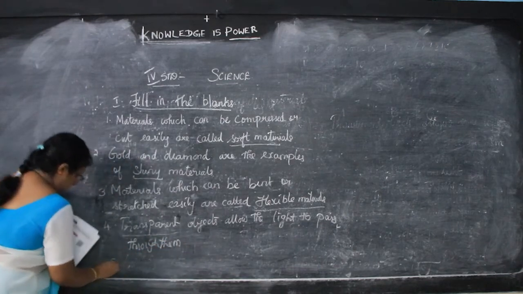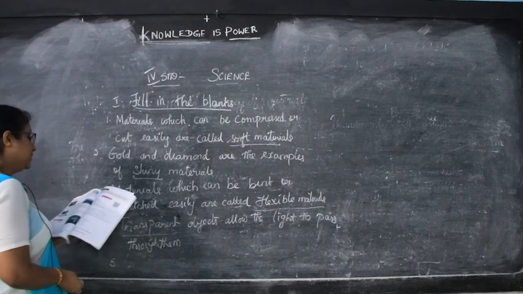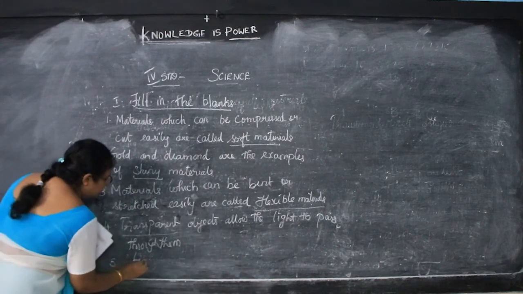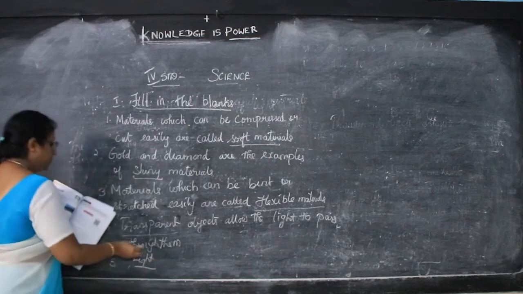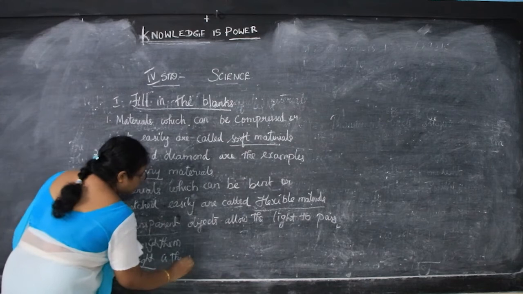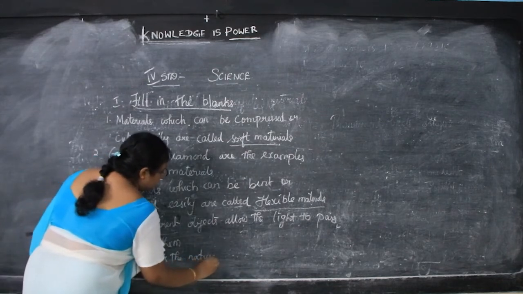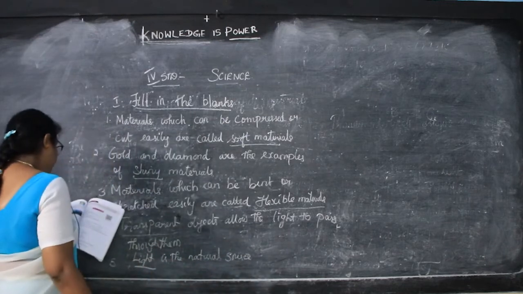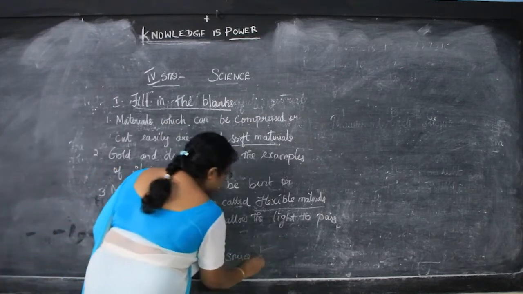Then next, dash is a natural source that stimulates sight and makes things visible. Light. So what is the answer for the fifth one? Light. Light is a natural source that stimulates sight.